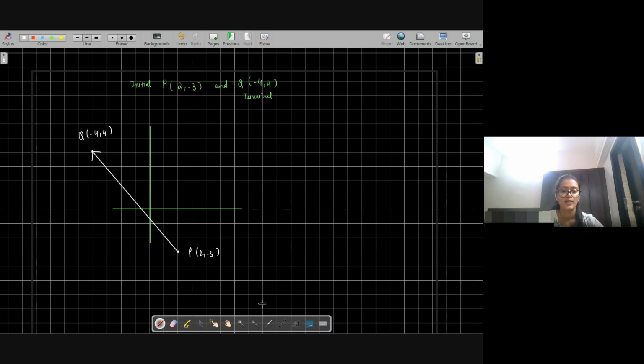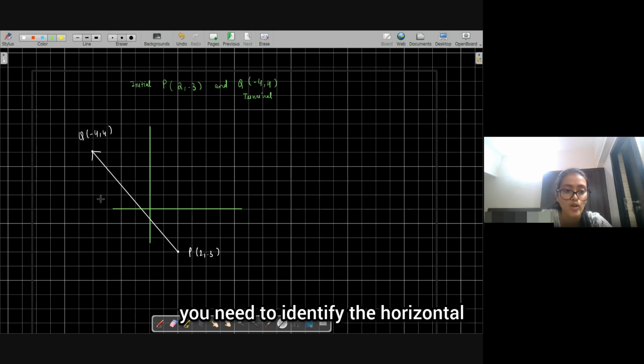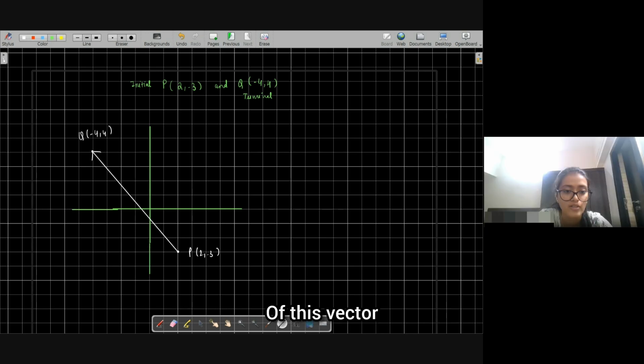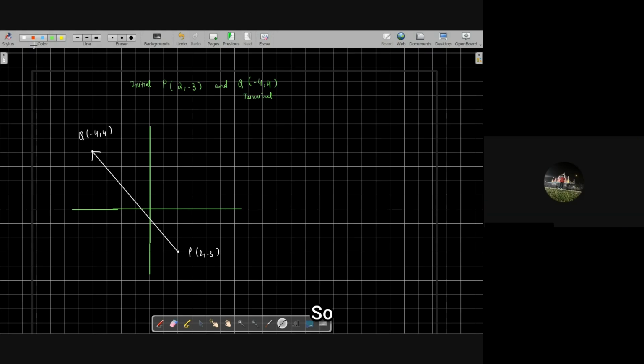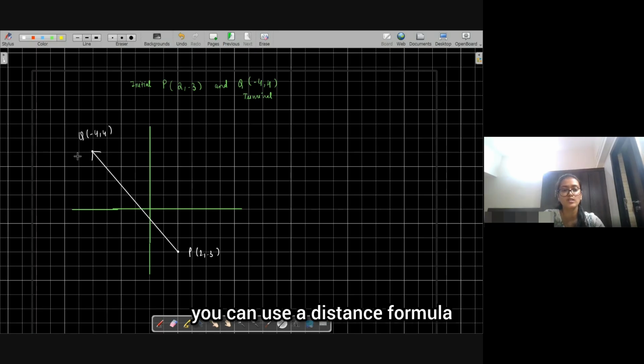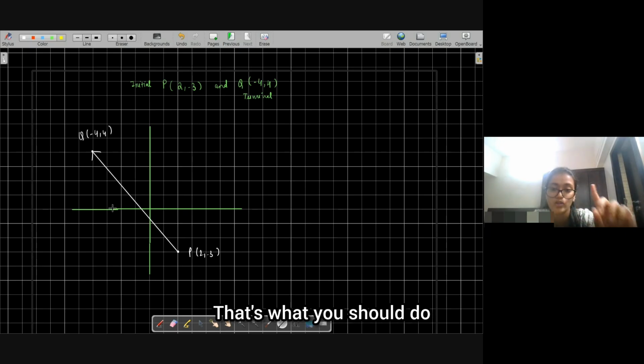First of all, you need to identify the horizontal and vertical components of this vector. We can use the distance formula as well, but we can do the horizontal component and the vertical component.